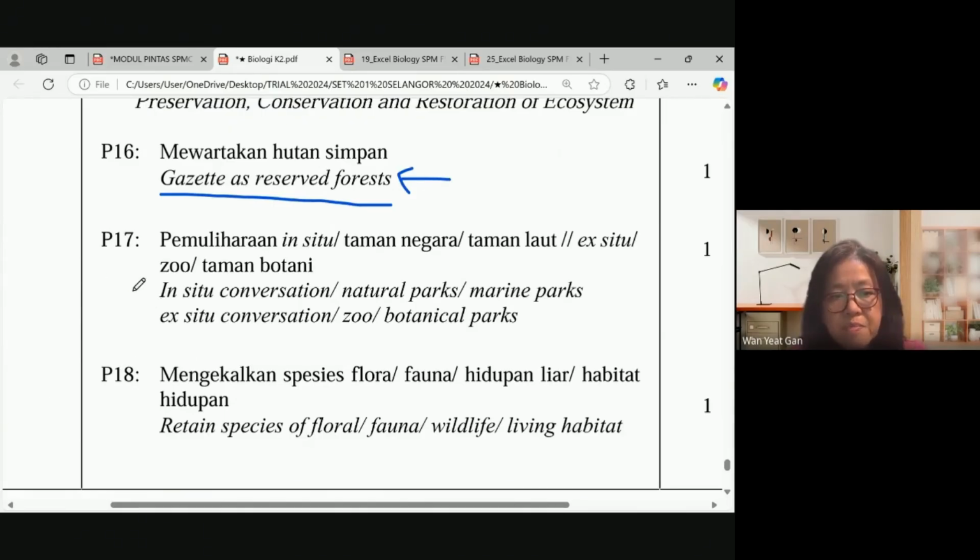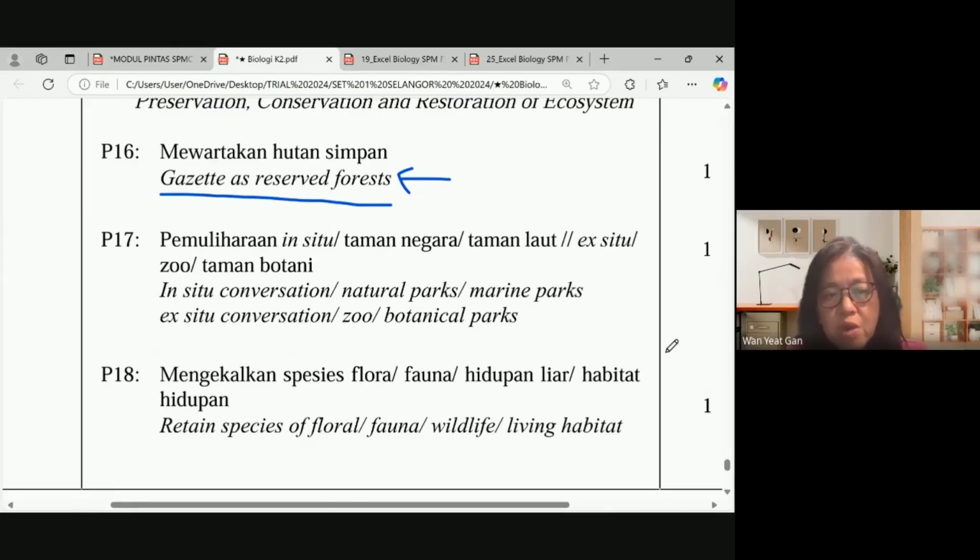The second one, in situ and ex situ, refer to conservation methods. Here, in situ means we allow the species to grow back, or for example a plant, we leave it there to grow back to its normal population at its own place, at its own habitat.